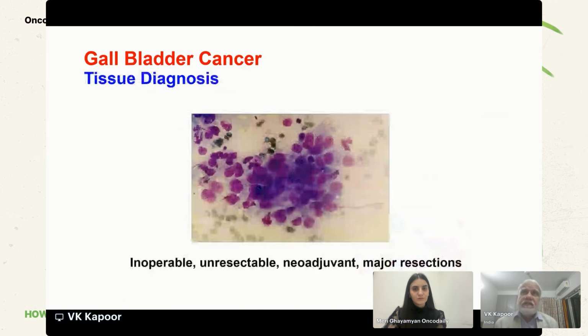Now, once all these investigations show that the disease is not metastatic, there is no distant disease, the question is whether we should try to get a tissue diagnosis. But in case of gallbladder cancer, it is recommended not to try to get a tissue diagnosis by doing a trans-abdominal percutaneous FNAC or core biopsy. The reasons are two.